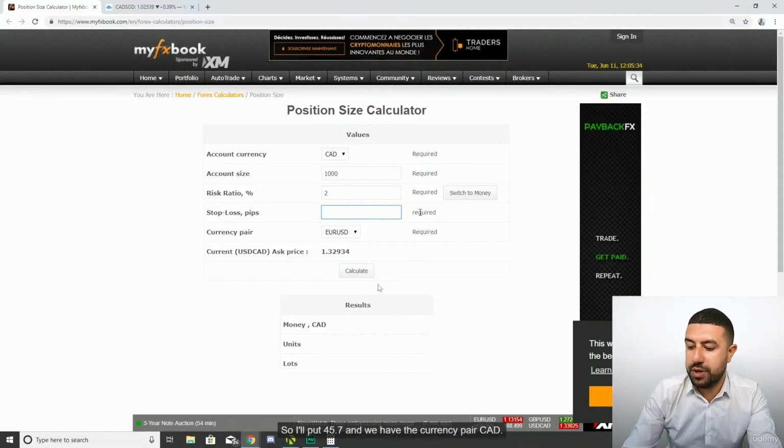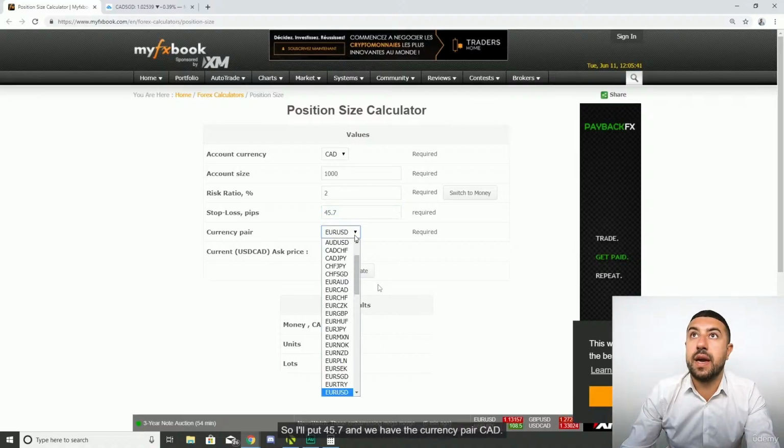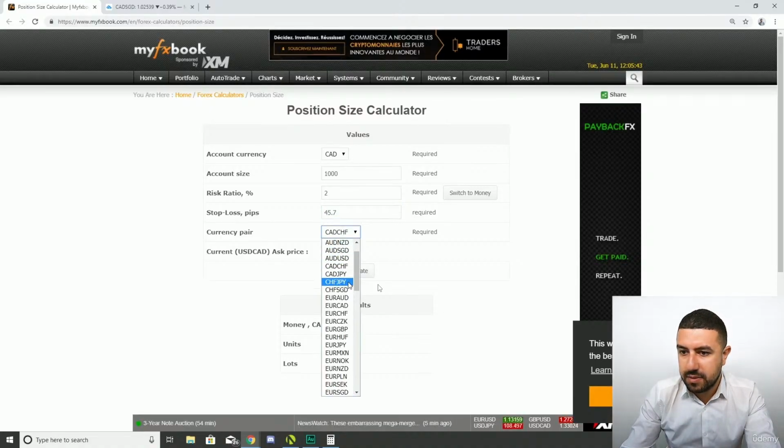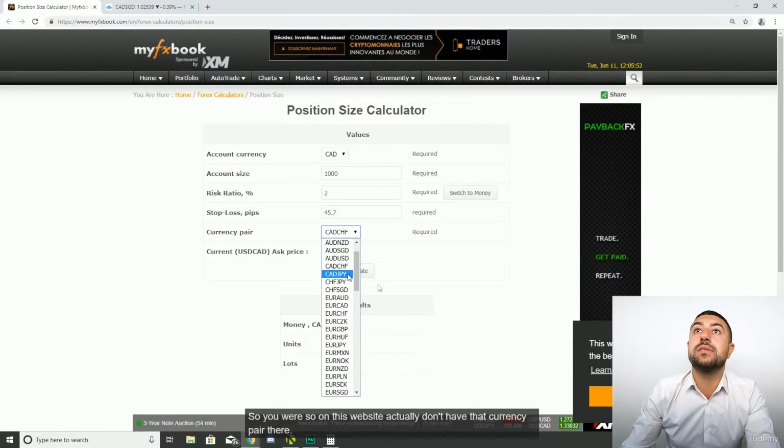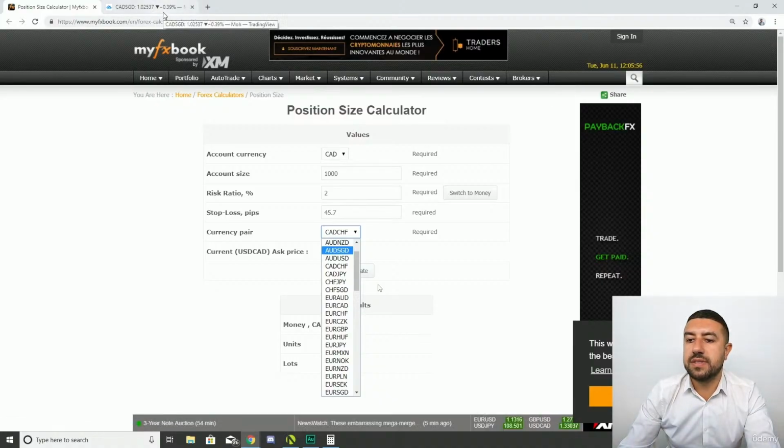So I'll put 45.7, and we have the currency pair CAD. Where's CAD Singapore? Okay, so on this website, they actually don't have that currency pair there. CAD Singapore dollar. So you know what? I'll just use my Excel sheet.